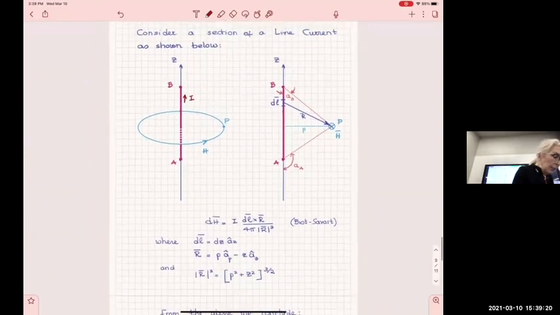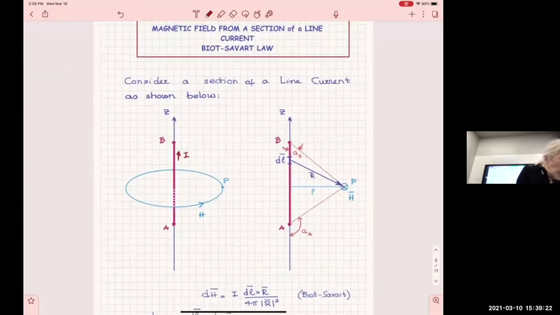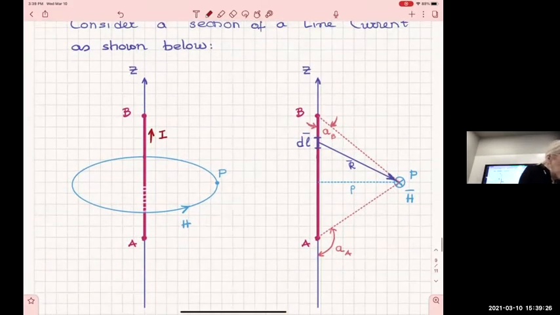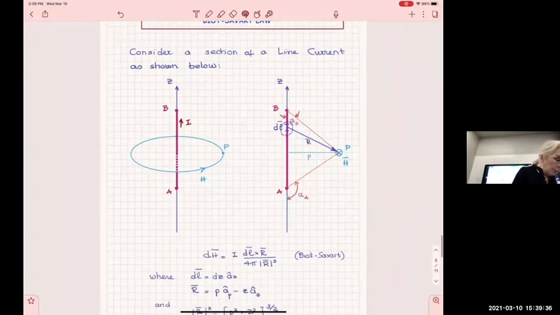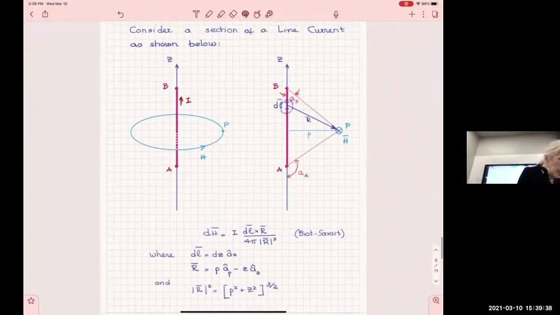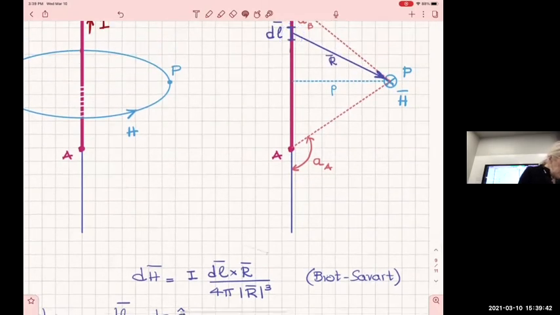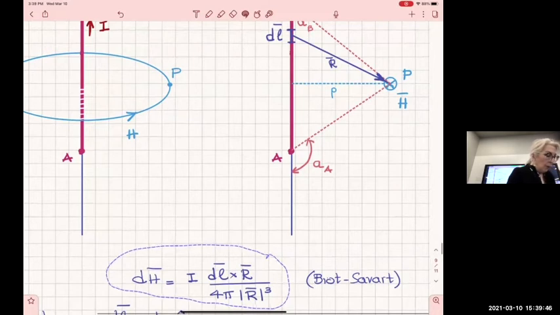What we do here is we start with the infinitesimally small element, which is here. And then, according to Biot-Savart, this infinitesimally small element will give me this field, dH.